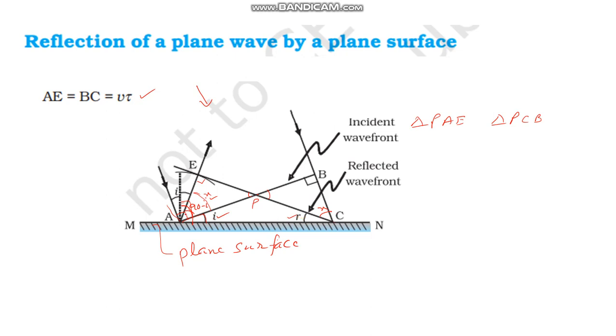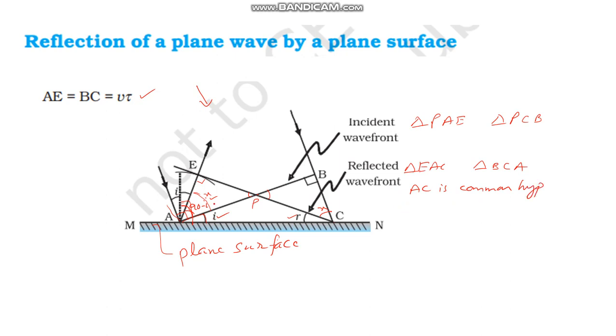because if you consider triangle EAC and triangle BCA, these are right angle triangles, and AC is the common hypotenuse.